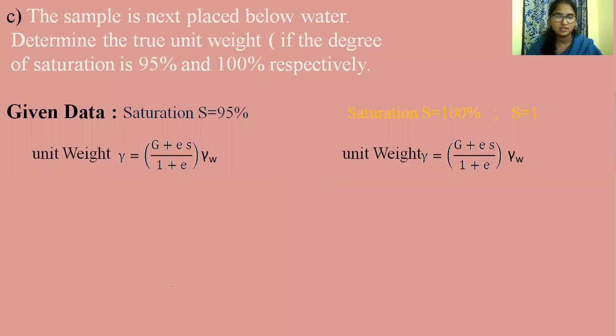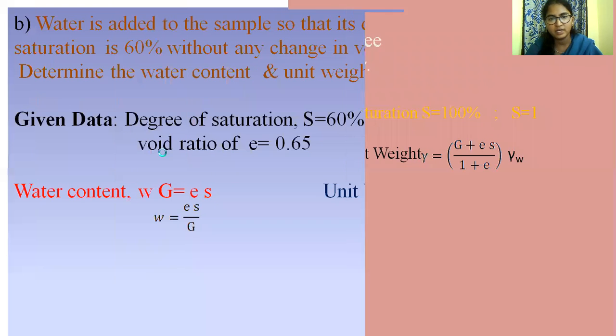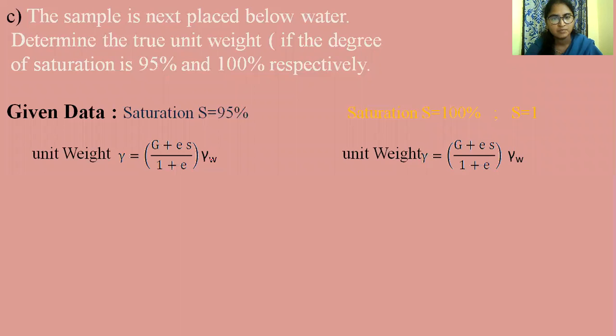Next, the third case is the sample is placed below water. Below water means, for example, sea or ocean, so fully saturated condition. Here in this saturation condition, two values are given, 95% and 100%, for which we can determine the unit weight. The unit weight formula gamma is equal to (G plus eS) by (1 plus e) into gamma W. Same values: G is equal to 2.8, void ratio e is equal to 0.65.